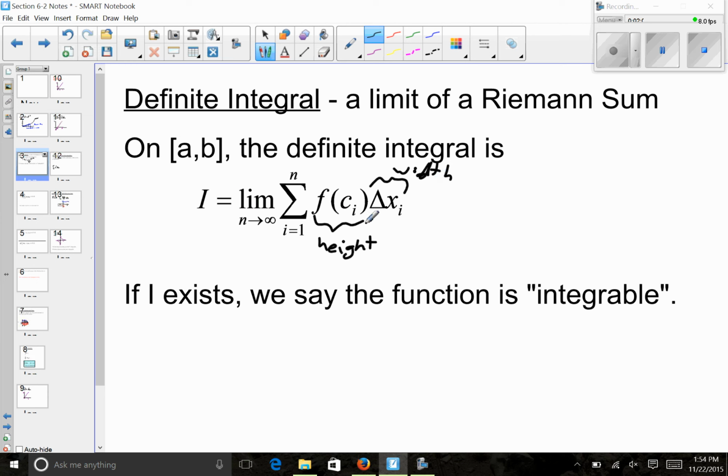If we were talking about rectangles, height times width is the area of each rectangle, add those up, that's the Riemann sum, and then go towards an infinite number of those rectangles, and that makes this a definite integral. If this limit exists, we say the function is integrable, which is, well, just a fun word to say.